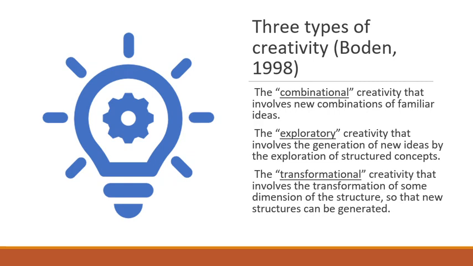So mungkin nak menyenangkan budak-budak kecil, dia pun buatlah pensel, dekat hujung tu dia tambah eraser. Maksudnya pencil and eraser, the two common things kan, dua benda yang memang dah ada. Kemudian dia combine dua benda yang dah familiar tadi menjadi satu. That is combinational creativity.